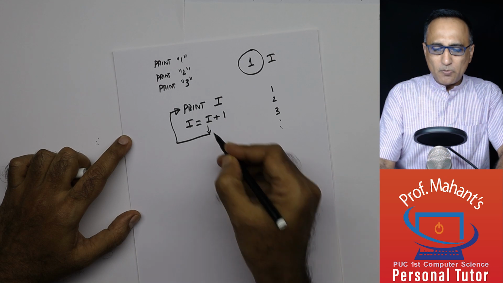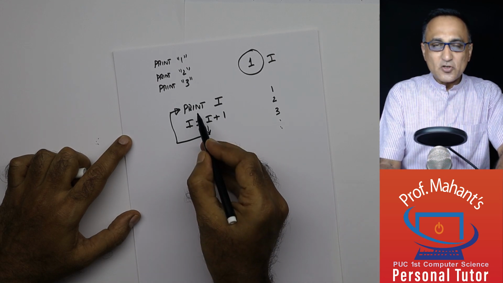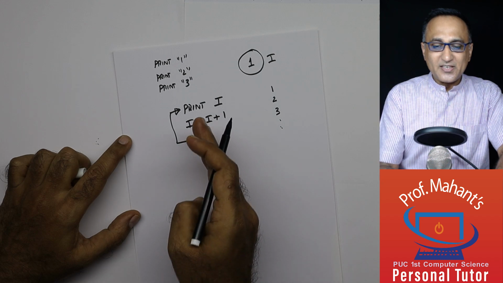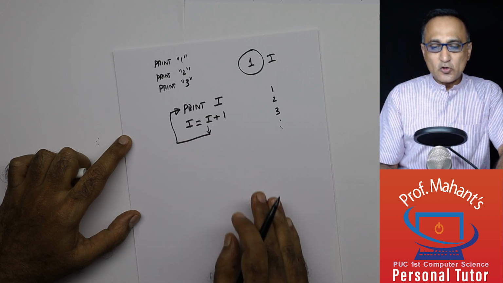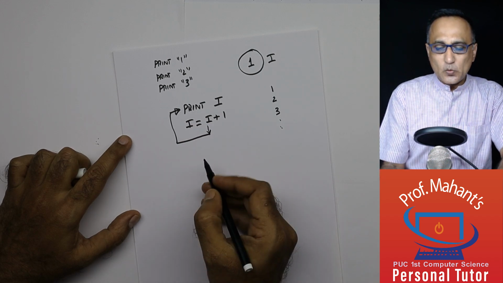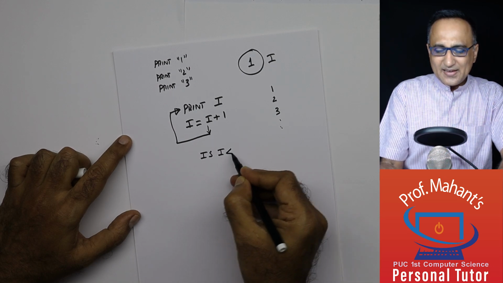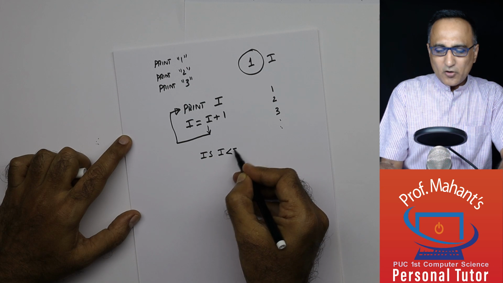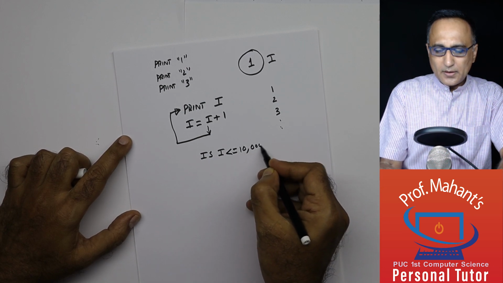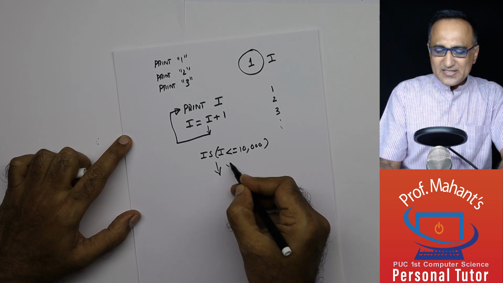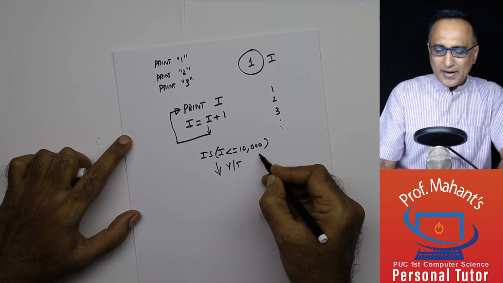But there's a small problem with this. It does not really stop. It keeps on printing forever because there is nothing to tell it to stop. So in order to avoid this problem, what I can do is I can ask a question. Is I less than or equal to 10,000? If it is yes or true, I can do something.